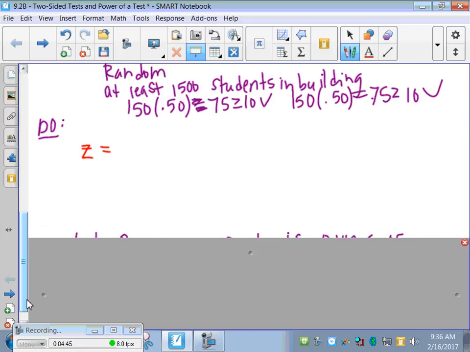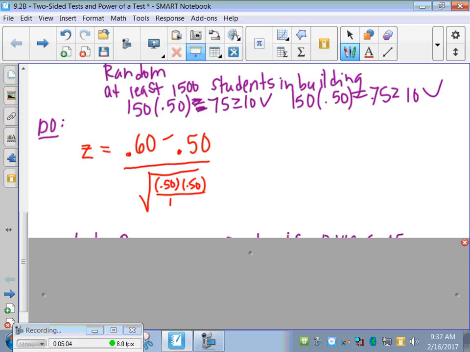All right, so that goes first, our p hat. And we subtract what we think the true proportion is, 50%. And in the bottom goes our standard deviation, using what we assume is true, 50 and 50 divided by n, 150. That gives us a z-score of 2.45.